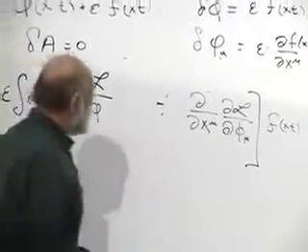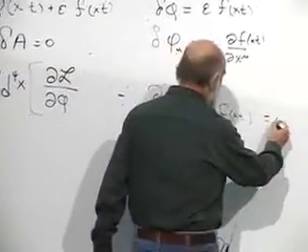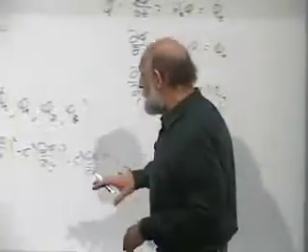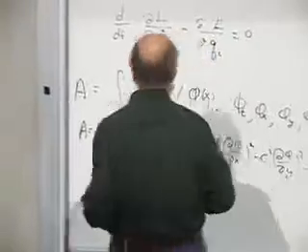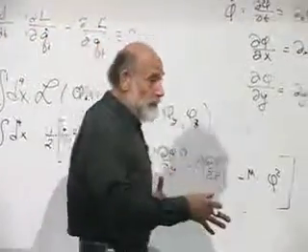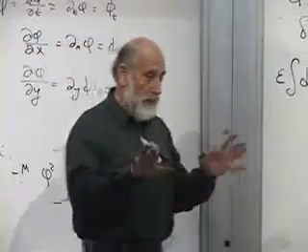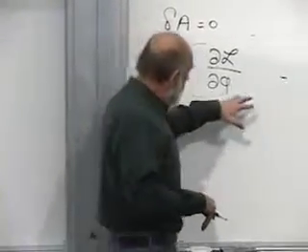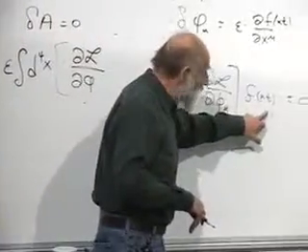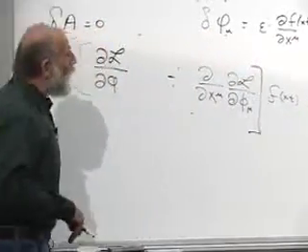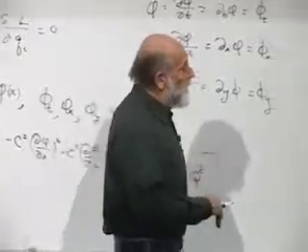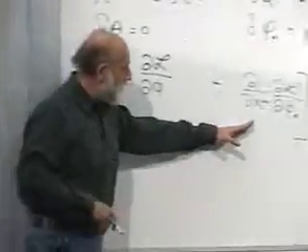This is supposed to be equal to 0 for all possible functions of x, for all possible ways of changing the field away from the solution. In other words, we're exploring all variations of the field away from the solution and requiring that the action is stationary. This has to be 0 for all f. How is that possible? It is only possible if the thing in the bracket here is 0.